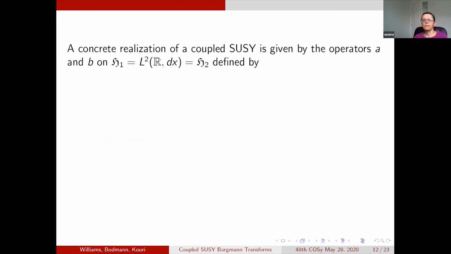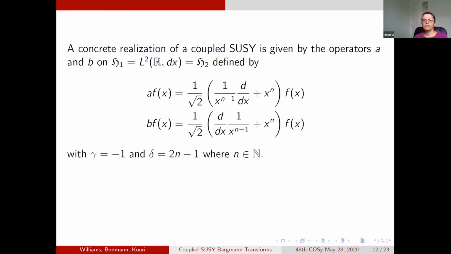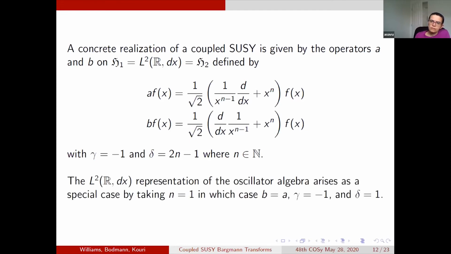So there's a concrete realization of these on L2 of R in a special case, and it's given by these with gamma equals -1 and delta equals 2n minus 1. These two numbers are kind of like the defining aspect of the coupled SUSY. If you take n equals 1, this does give the usual oscillator algebra, because then B is A and gamma is -1 and delta is 1.